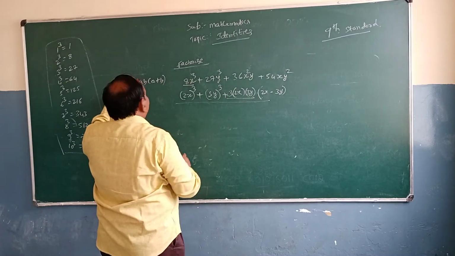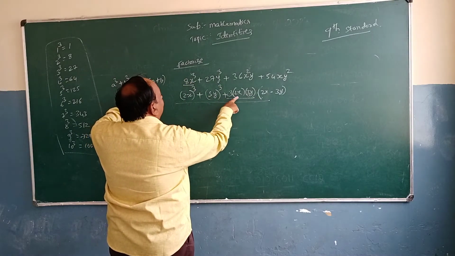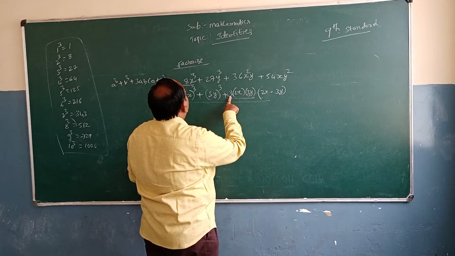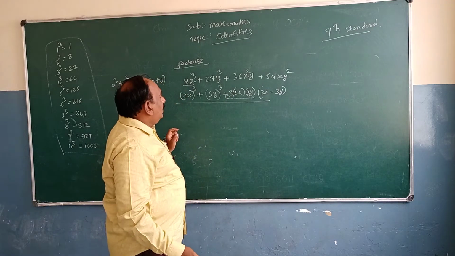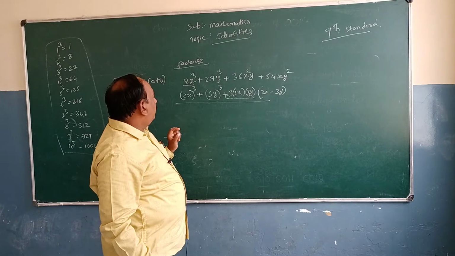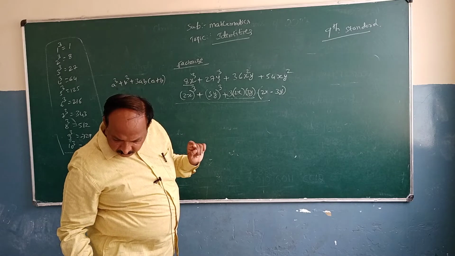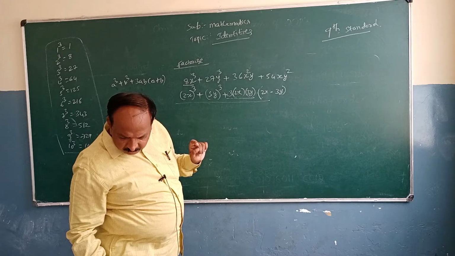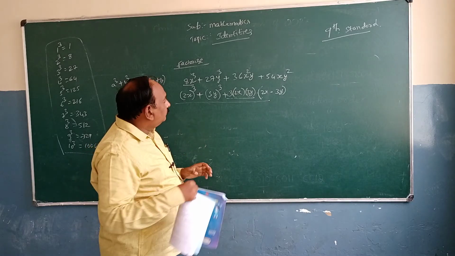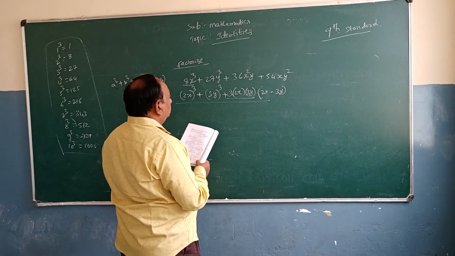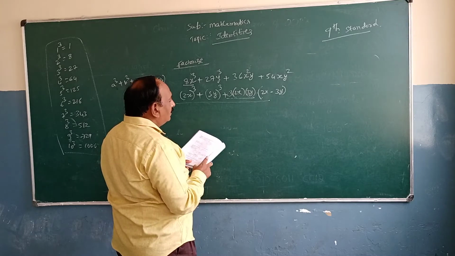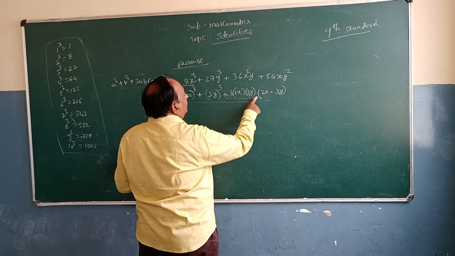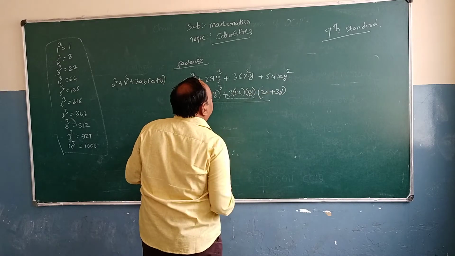How does it come? This is a cube, this is b cube, 3ab. 3 into a is 2x, b is 3y. 3 2s are 6, 6 3s are 18xy plus 2x plus 3y.